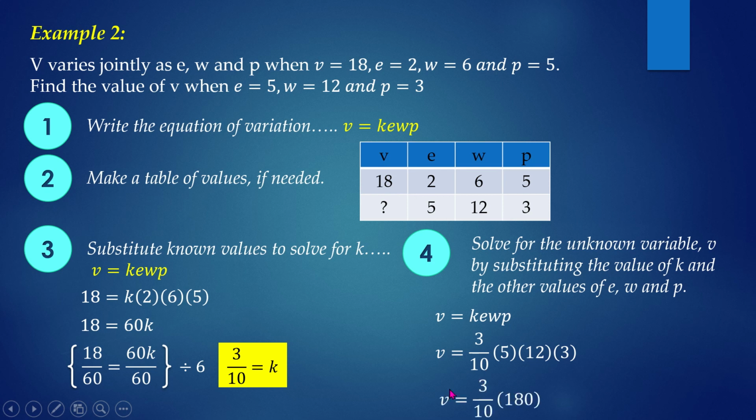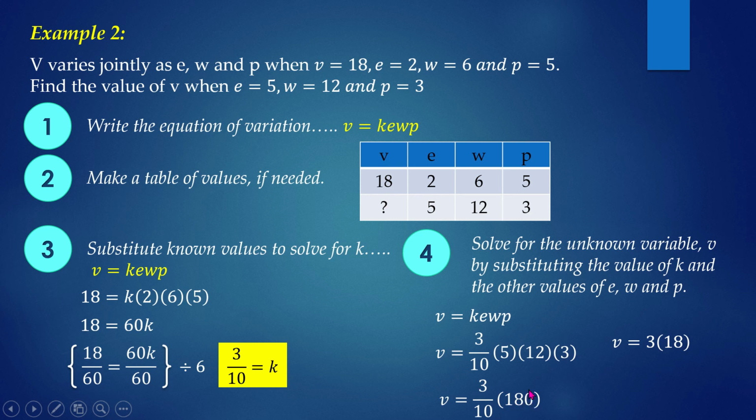Next step, v equals 3/10. Copy the value of k since we still multiply the values of e, w, and p. So 5 times 12 times 3. 5 times 12 is 60. 60 times 3 is 180. So v equals 3/10 times 180. Next, you can multiply 3 times 180, and if you have a calculator, you can do 3 times 180 divided by 10.